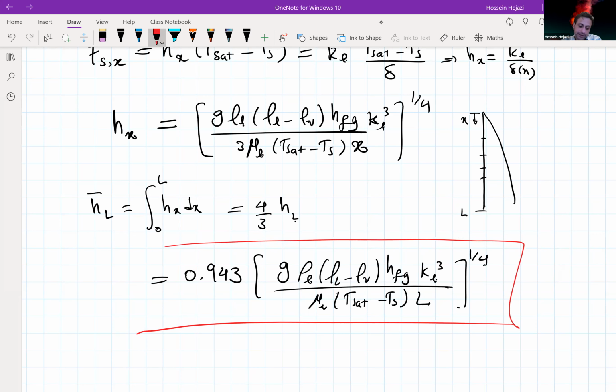So this is going to be the average heat transfer coefficient for a vertical plate.